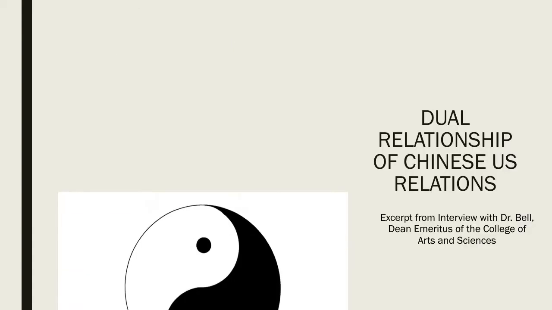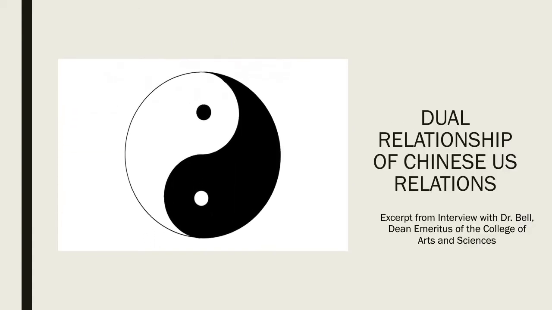This is the Taijitu. It's the symbolic representation of the concept of opposing forces, with one being yin, the other being yang, but that just means sun and moon.